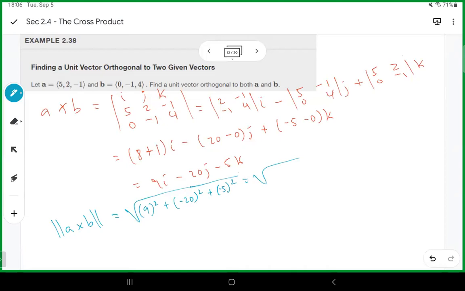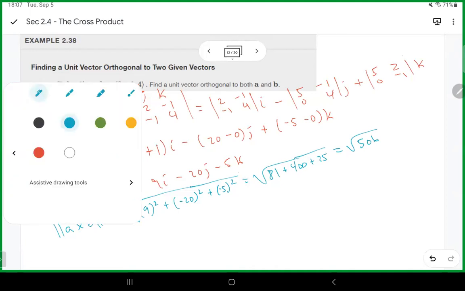So 9 squared is 81. That's 400 plus 25. The square root of. We're going to leave it as the square root of 506.